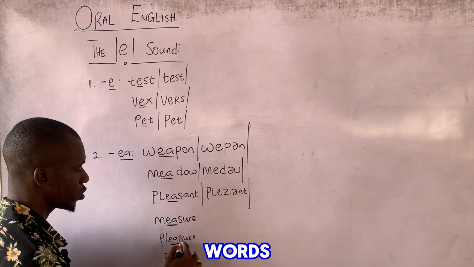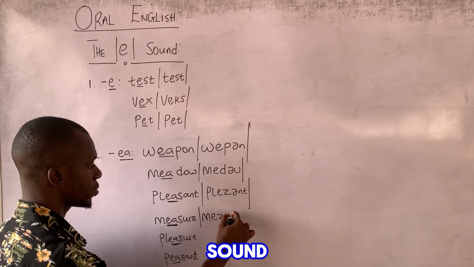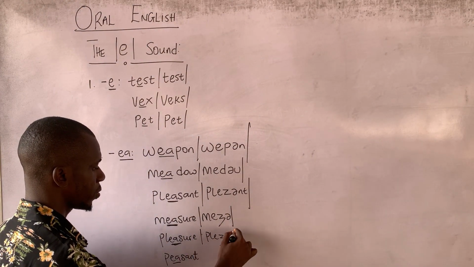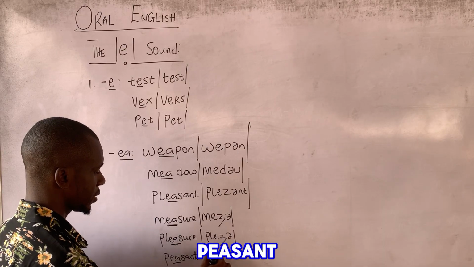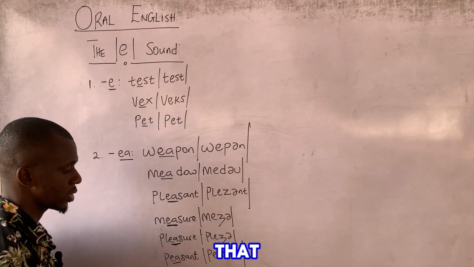All of these words with EA produce the air sound. Measure, pleasure, peasant. You see that now?